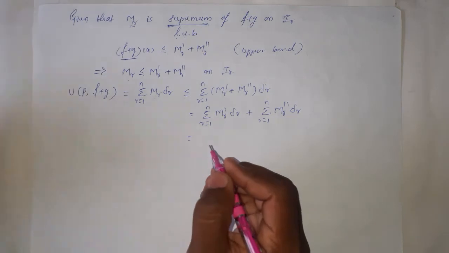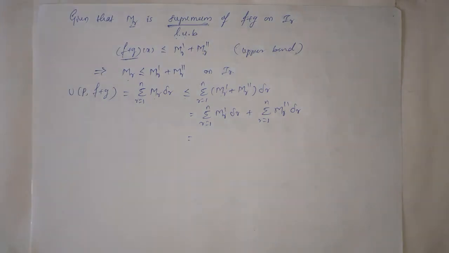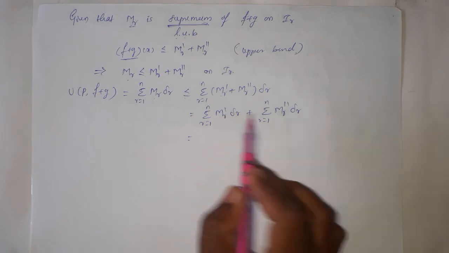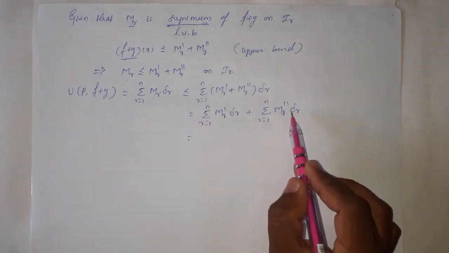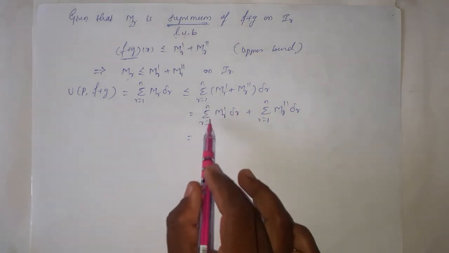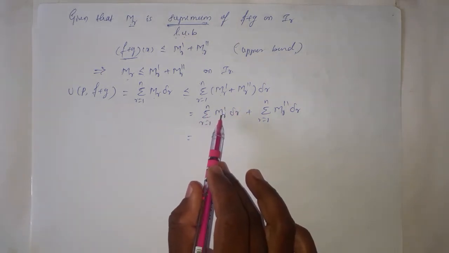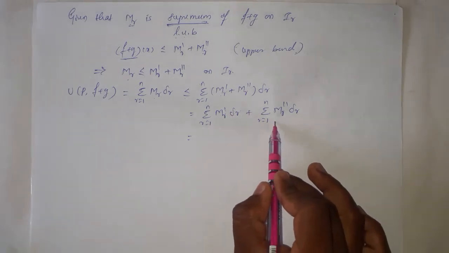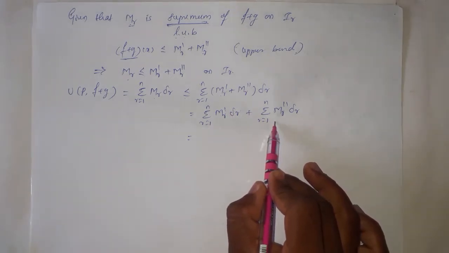Now, again by using the definition of upper Riemann sum, this Mr dash is the supremum of the function f and Mr double dash is the supremum of the function g. So, therefore, this summation is nothing but the Riemann upper sum for the function f and this is the Riemann upper sum for the function g.